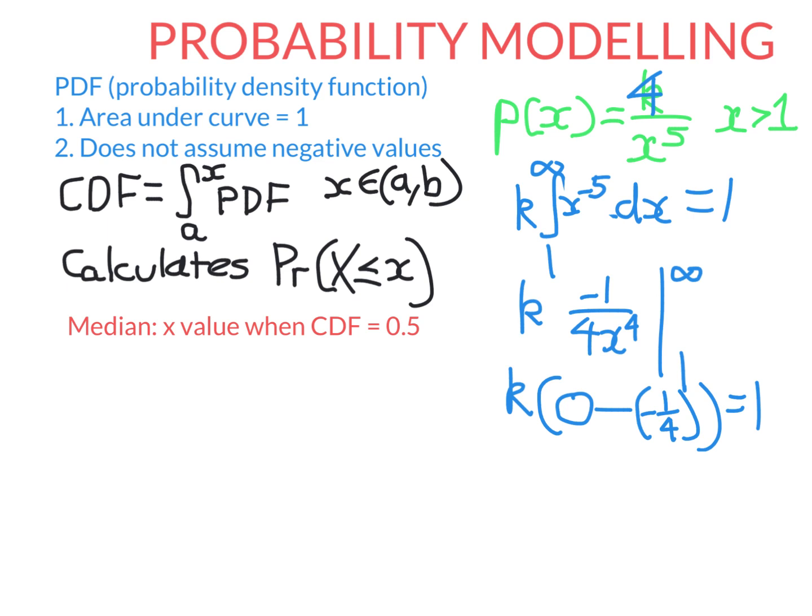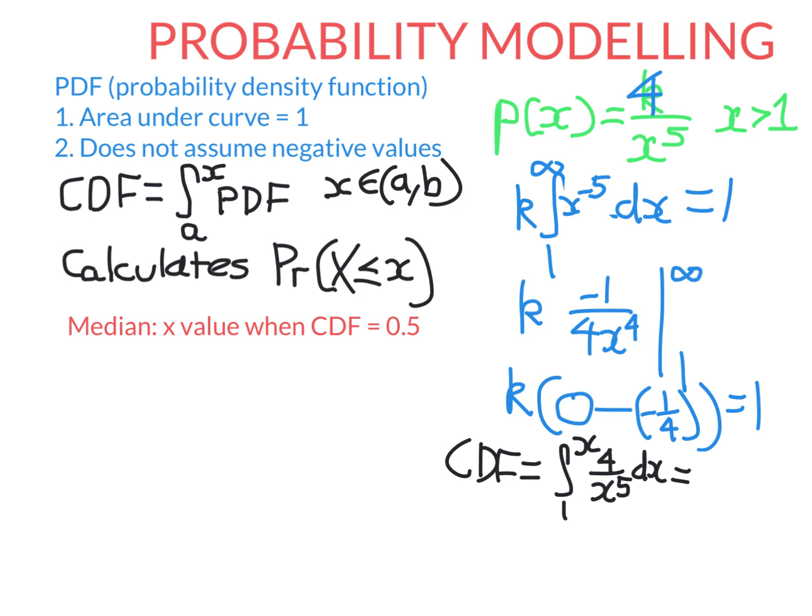All right, let's now calculate the CDF. The CDF is the integral from the lowest value x can take, in this case 1, up to x of the PDF. We sort of did some of this work already. Because k is 4, we can just substitute 4 in here.